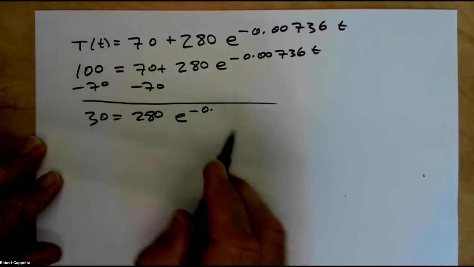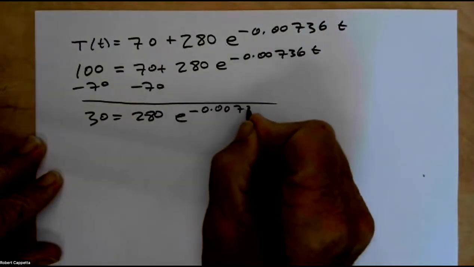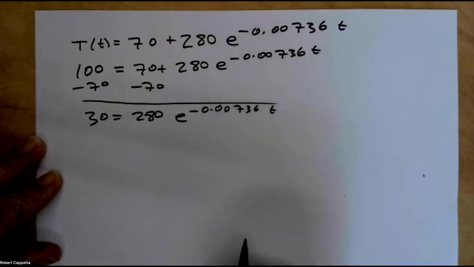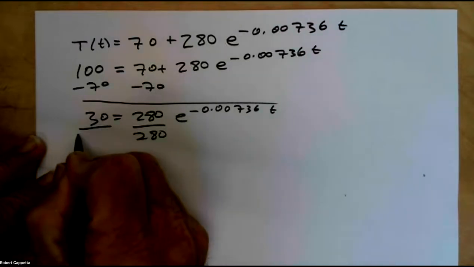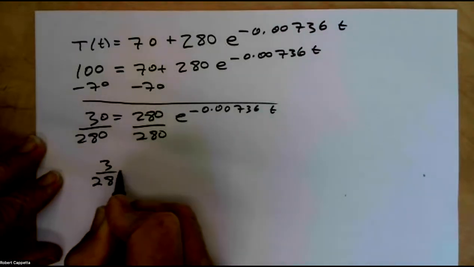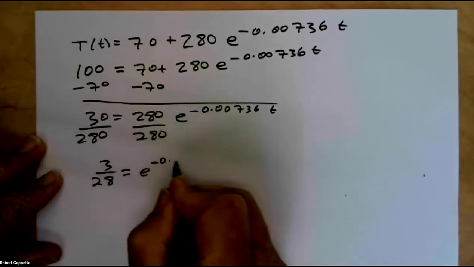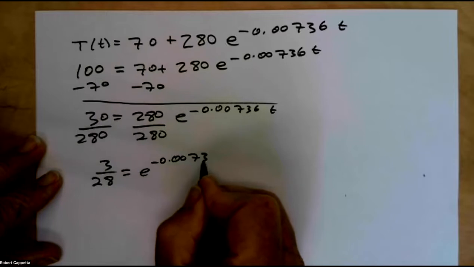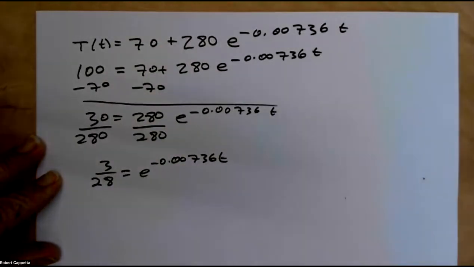We have 30 equals 280 e to the negative 0.00736t. Divide by 280. And I have 3/28 equals e to the negative 0.00736t.